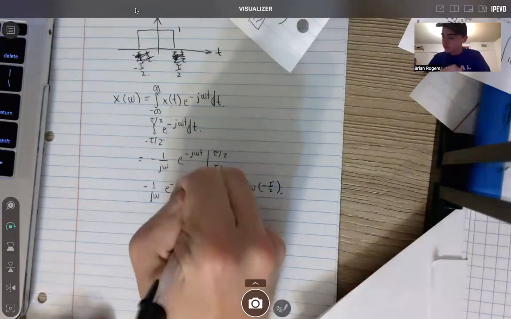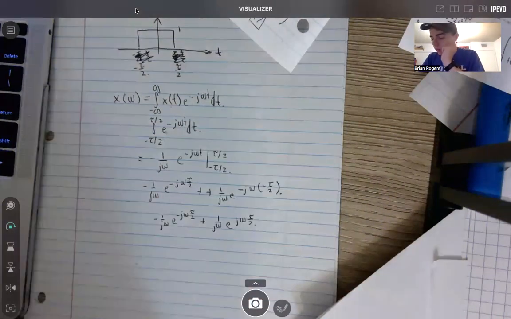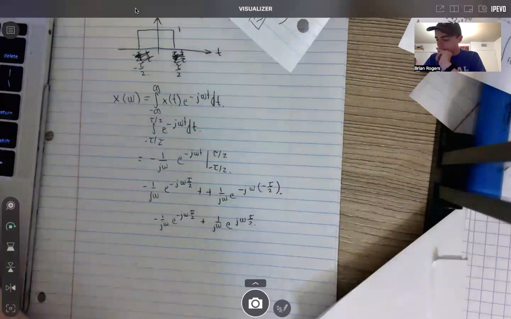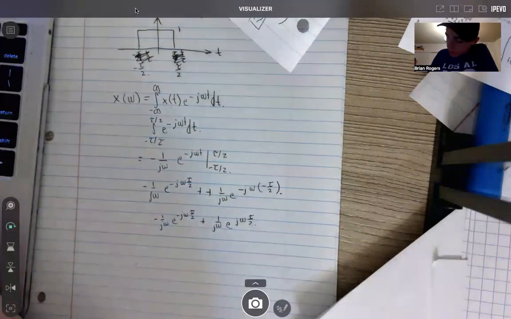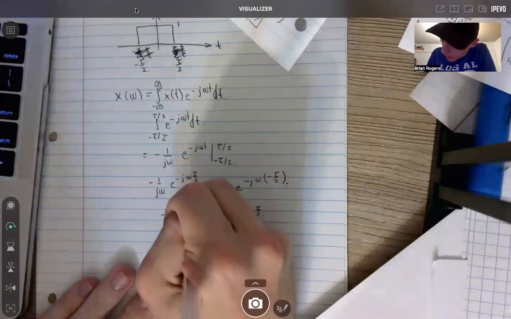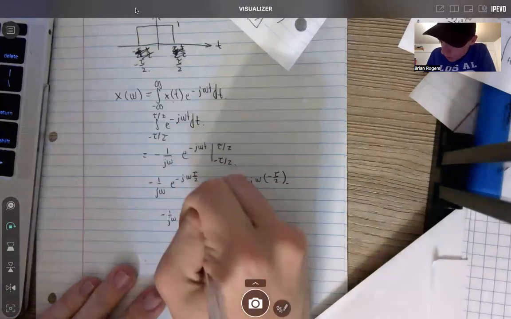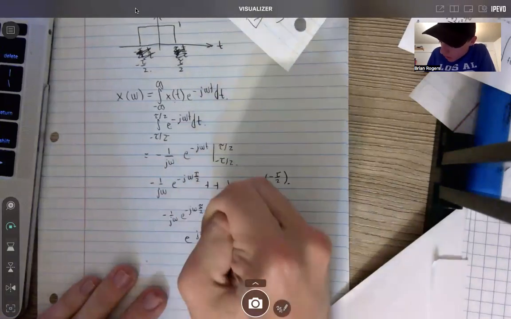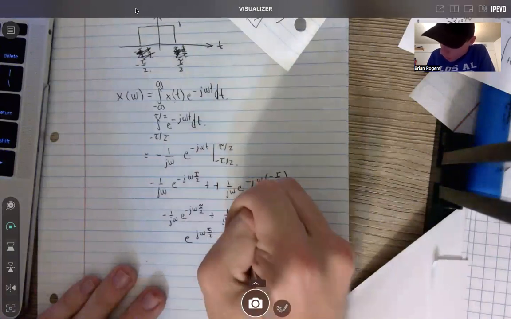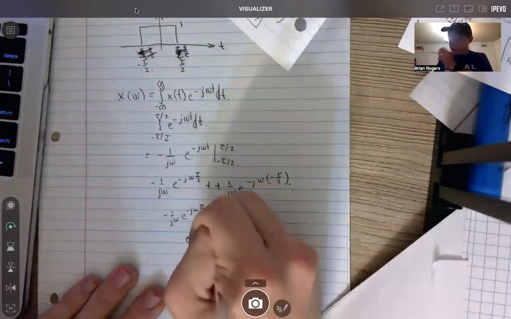And so if we combine, remember, we get e to the j omega tau over 2 minus e to negative j omega tau over 2 all over j omega.